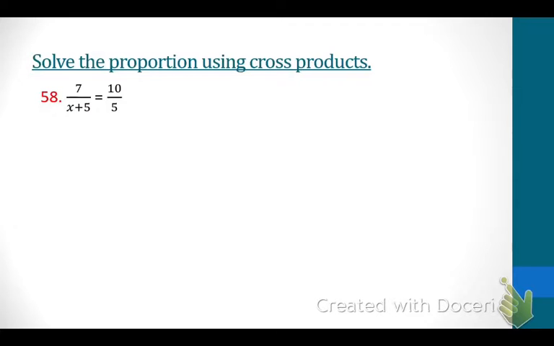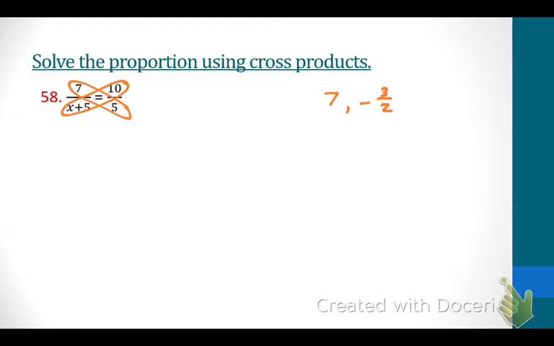All right, number 58. This is another one of those kind of tough problems that I've seen a lot of people struggle on today. Solve the proportion using what? Cross products. Okay, so we're going to be using cross products. I'm just curious, what are some of the answers that you guys came up with for this? All right, we have someone who got a 7. Who else got something different? Gavin? Negative 3 halves.